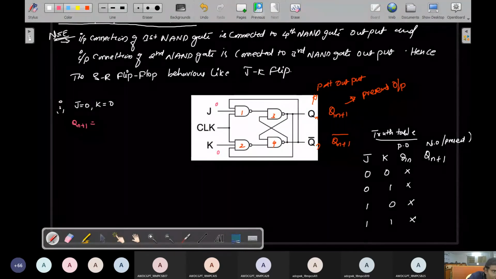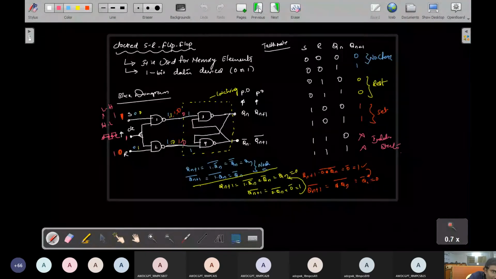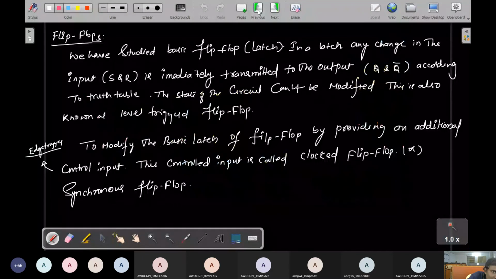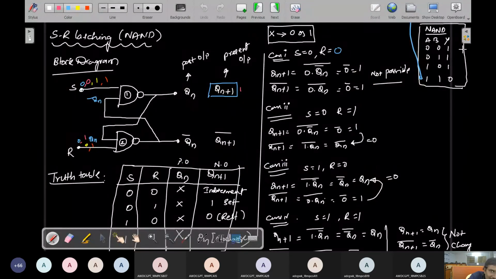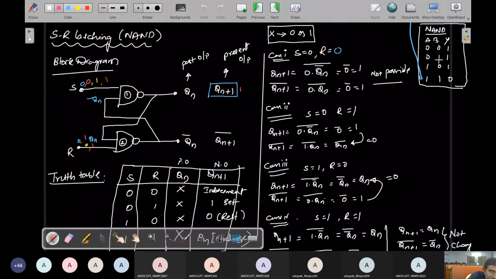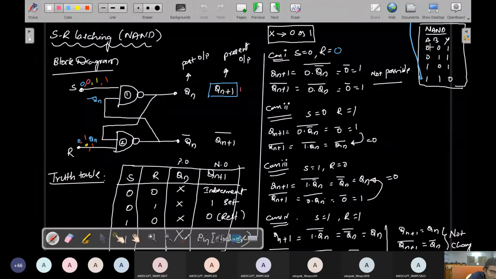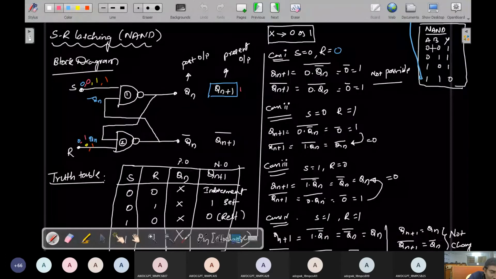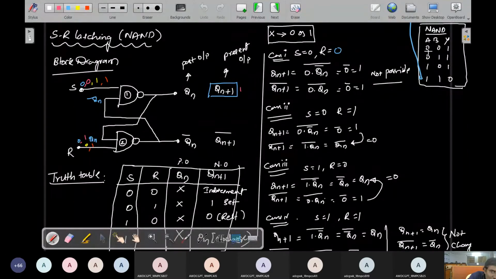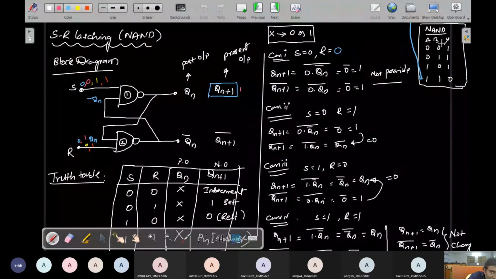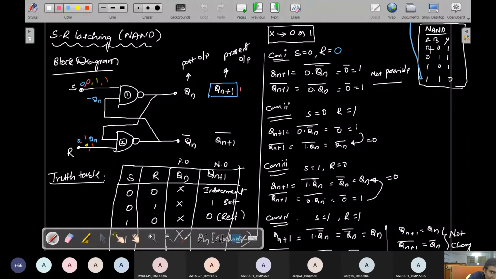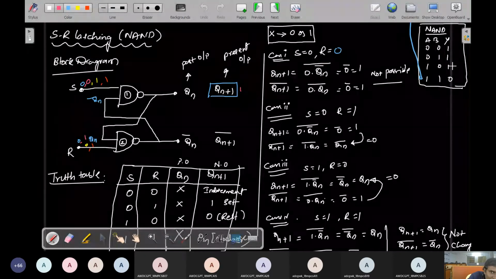According to the NAND gate operation, if any one of the NAND gate inputs is 0, then the output will be 1. Suppose you take inputs A, B, C, no problem, if any one input is 0, then your output is only 1.